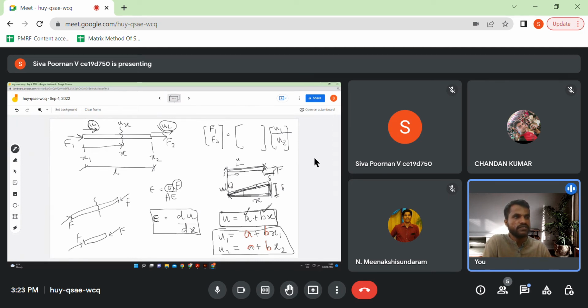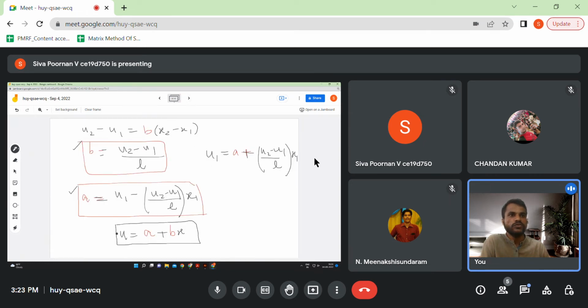Once we have a linear variation, we want to solve a and b using the boundary conditions u1 and u2, which we would have solved already using matrix methods. So once we have u1 and u2, we can solve a and b, and we find that u is totally known now because a and b can be found in terms of u1 and u2. x1 and x2 are also known. Those are the nodal coordinates, right?